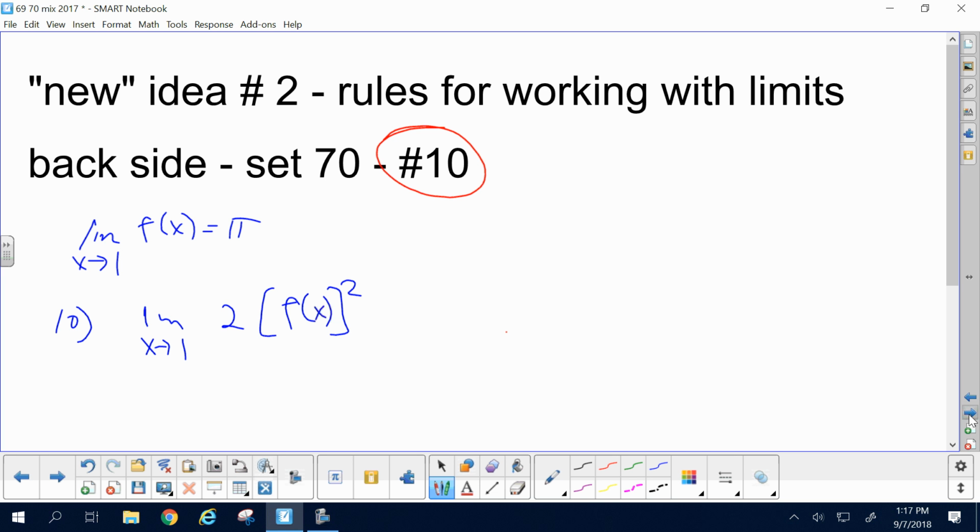They tell you in the book that the limit as x goes to 1 of a function is pi. The question is, given that fact, what's the limit as x goes to 1 of 2 f squared? You should probably be able to see that answer is just 2 pi squared. Okay, now as far as what I expect, though, I want you to show me the limit rules you used. When you said 2 first, I assume you said, well, that 2 doesn't matter. I need to focus on the limit on the f.